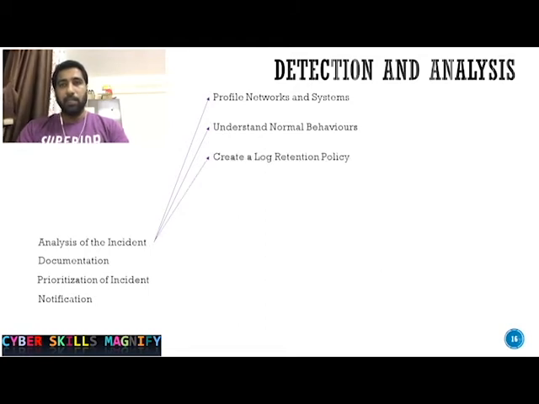Information regarding an incident may be recorded in several places such as firewalls, IDPS, and application logs. Creating and implementing a log retention policy that specifies how long data should be maintained may be extremely helpful in analysis because older log entries may show reconnaissance activity or previous incidents of a similar attack. Perform event correlation.